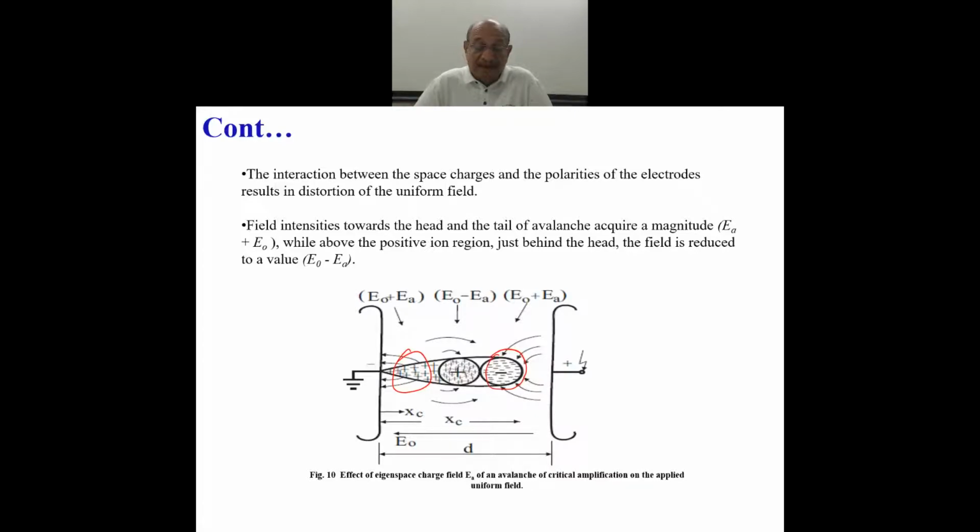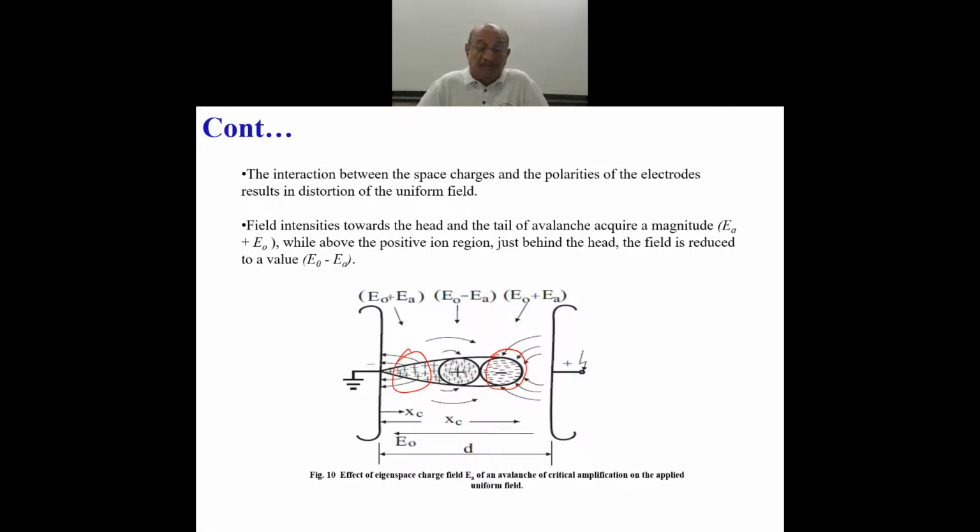At the head of the avalanche, negative space charge is there, and a negative polarity field is given rise. Again, with respect to the positive anode and the negative space charge field, opposite polarities come together and once again enhance the field.